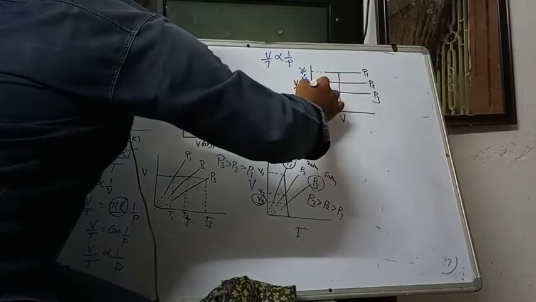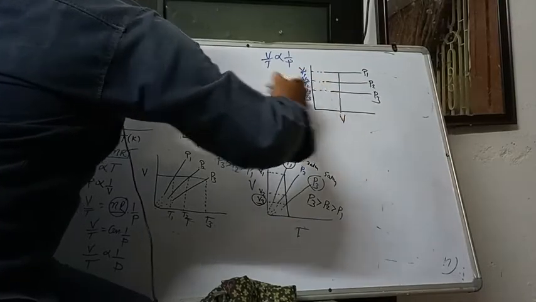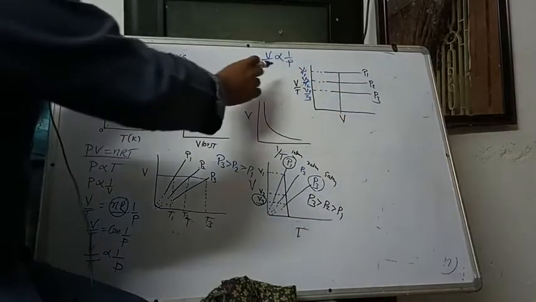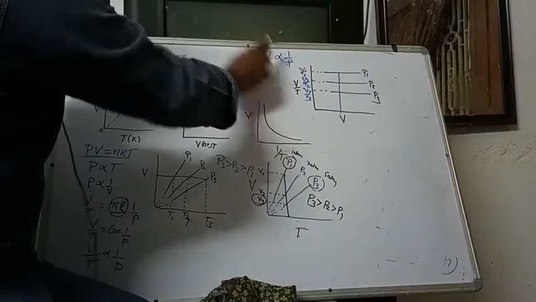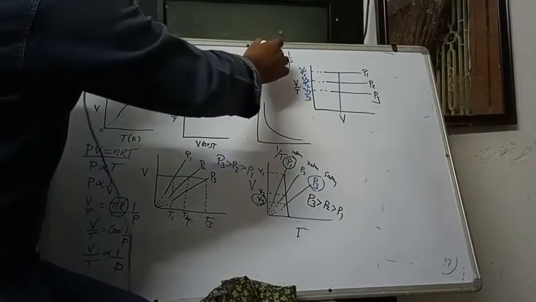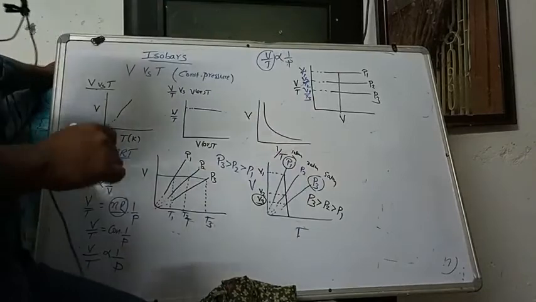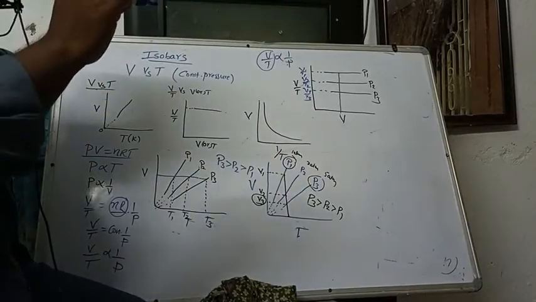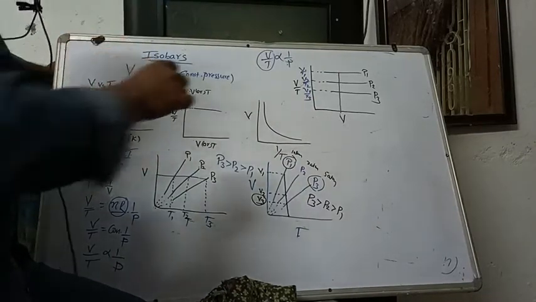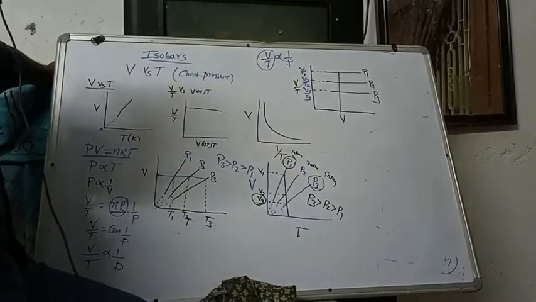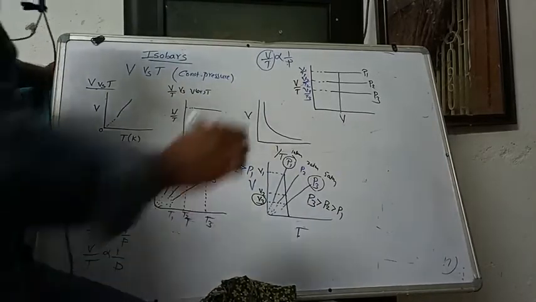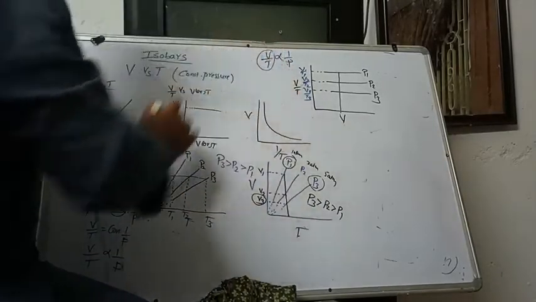At P3, its value will be V3 by T3. That means whenever you are increasing the pressure, V by T terms what happens? Should be low or high? Definitely it will be low. Okay, so pressure is inversely proportional to V by T.